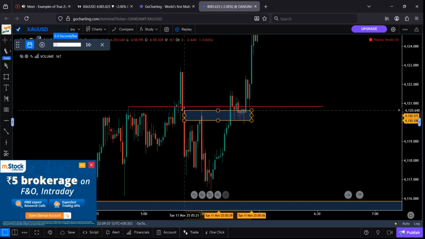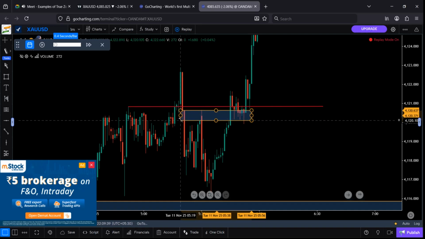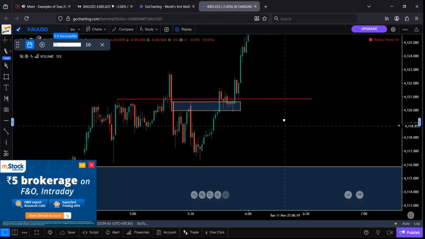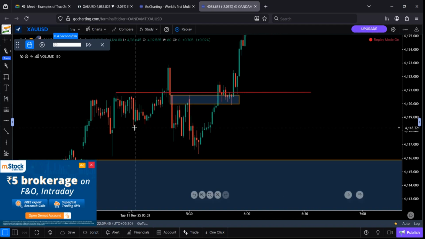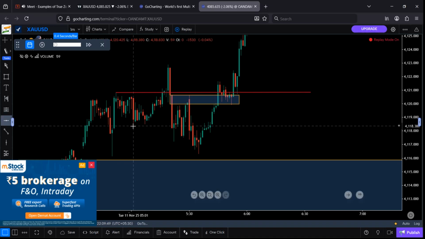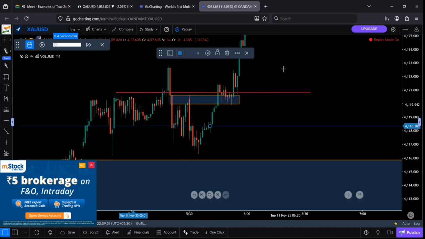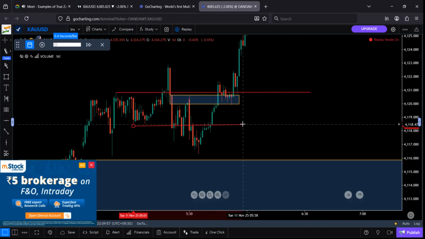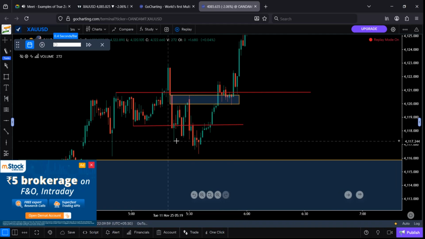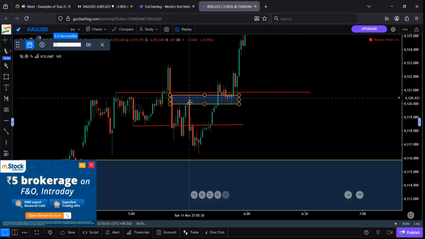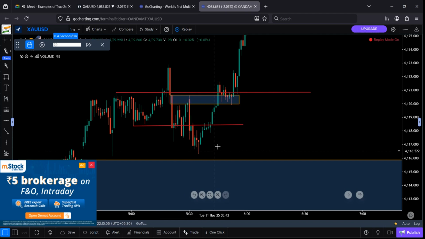Yes. This made DP. This high, this low. And if we focus on this low, price broke this low, goes back to the DP and came back here. So the target is reached.